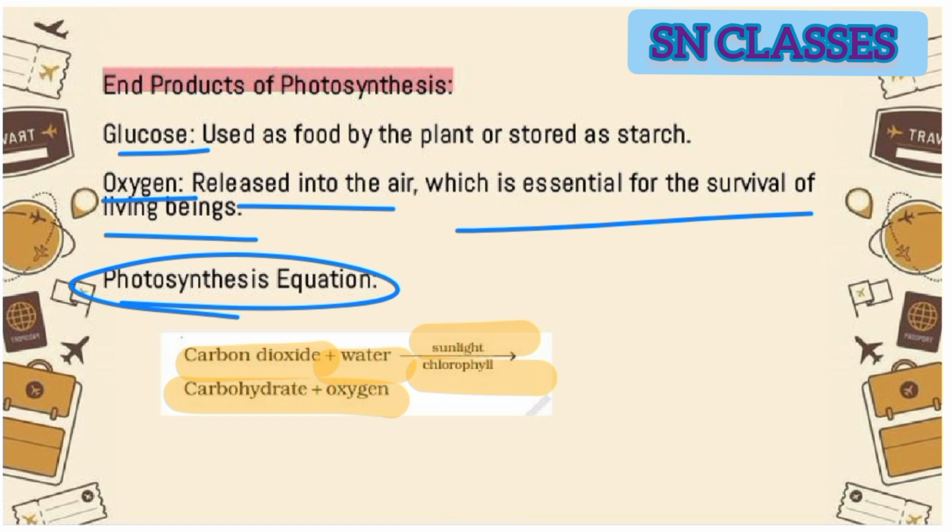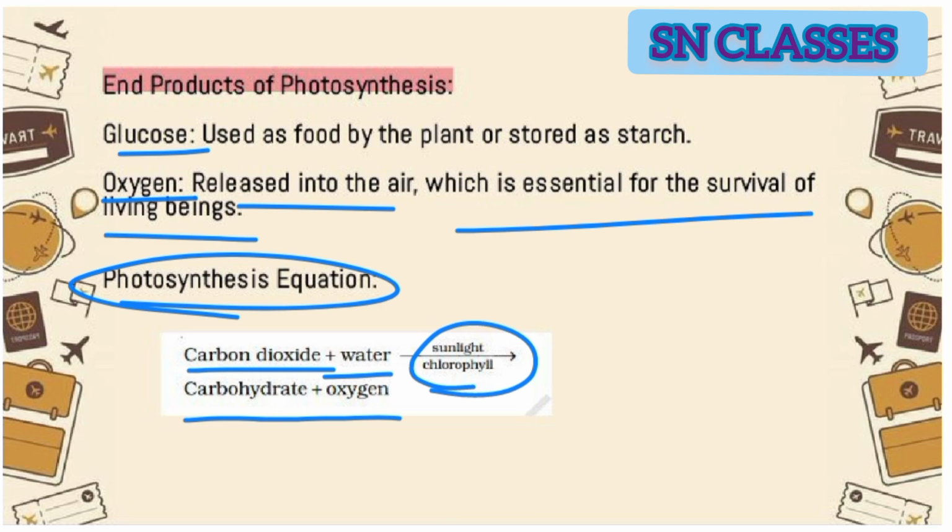I think you have understood, but I'll repeat it again. By using carbon dioxide and water with the help of sunlight and chlorophyll, the products given back to the atmosphere are carbohydrate and oxygen.